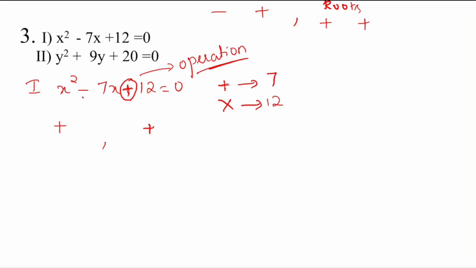Now, what are such roots? It is 4 3s are 12 and 4 plus 3 is 7.